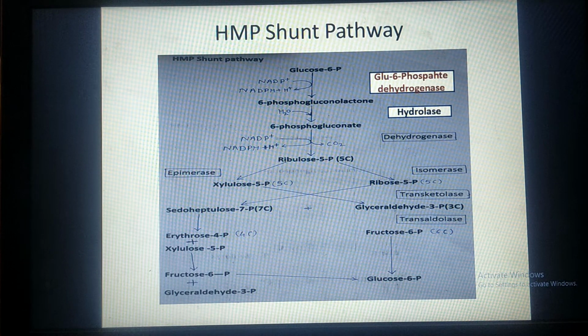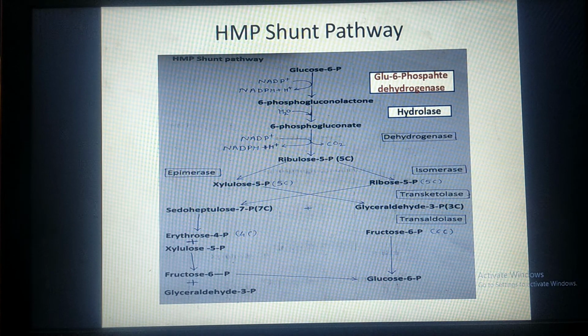Up till now we have studied that hydrogen acceptors are NAD or FAD. Here the hydrogen acceptor is NADP, a coenzyme at this step, which is reduced to NADPH. This glucose 6-phosphate dehydrogenase is the rate limiting enzyme of this pathway, an important allosteric enzyme of this pathway.